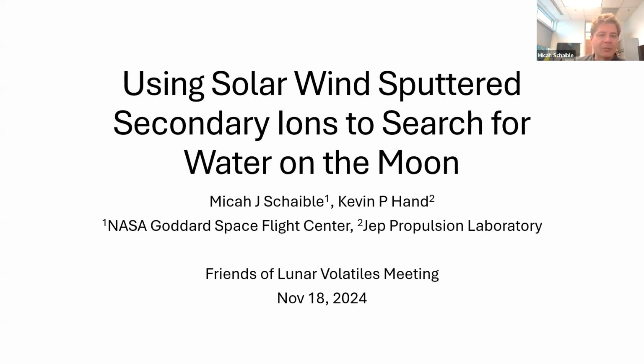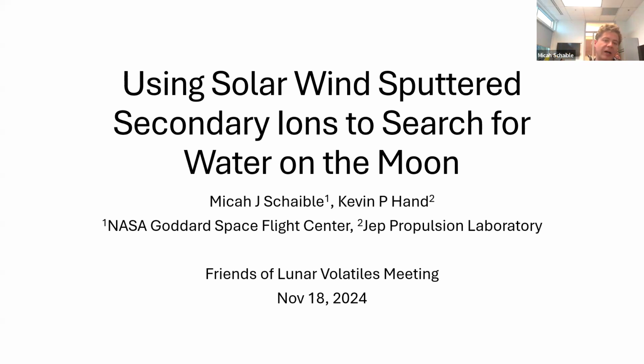So the work that I want to talk about today is looking at the potential of solar wind sputtered secondary ions to produce an observable signal for trace abundances of water on the moon.